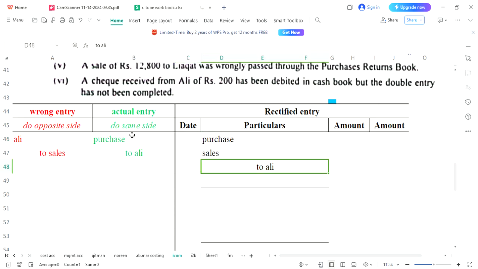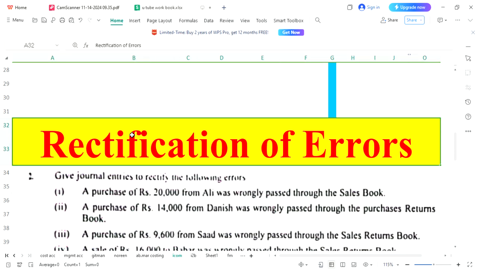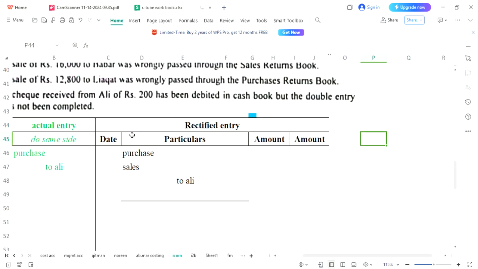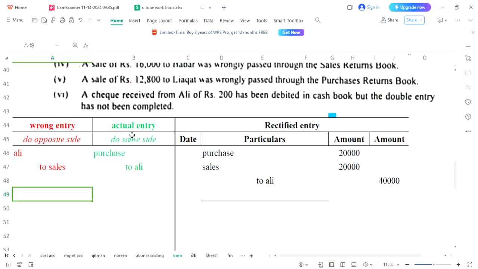Ali was already present over there, so Ali is coming two times. Now let's see how much amount? 20,000. So here you will write 20,000. Again 20,000. And since Ali was here two times, that is why double amount would be written over here. To understand it is very simple.